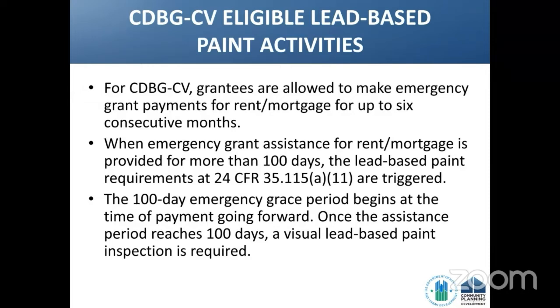Now, note that because of coronavirus restrictions, it may not always be possible to do an on-site inspection. And if that's the case, then the owner or a surrogate, and it doesn't state who may be the surrogate, may perform a remote visual inspection.